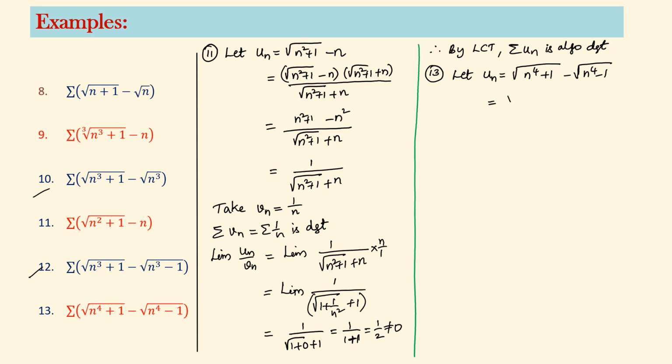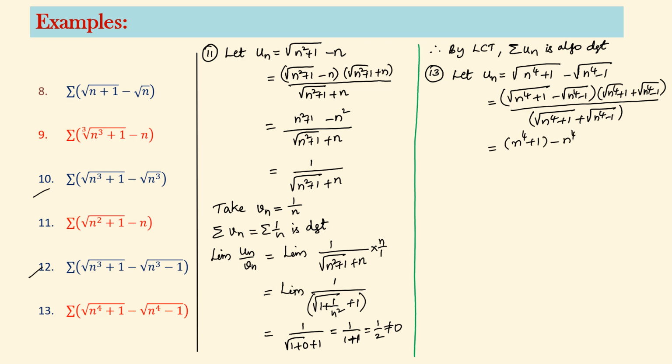This will become square root of n power 4 plus 1 minus square root of n power 4 minus 1, into square root of n power 4 plus 1 plus square root of n power 4 minus 1, by square root of n power 4 plus 1 plus square root of n power 4 minus 1.